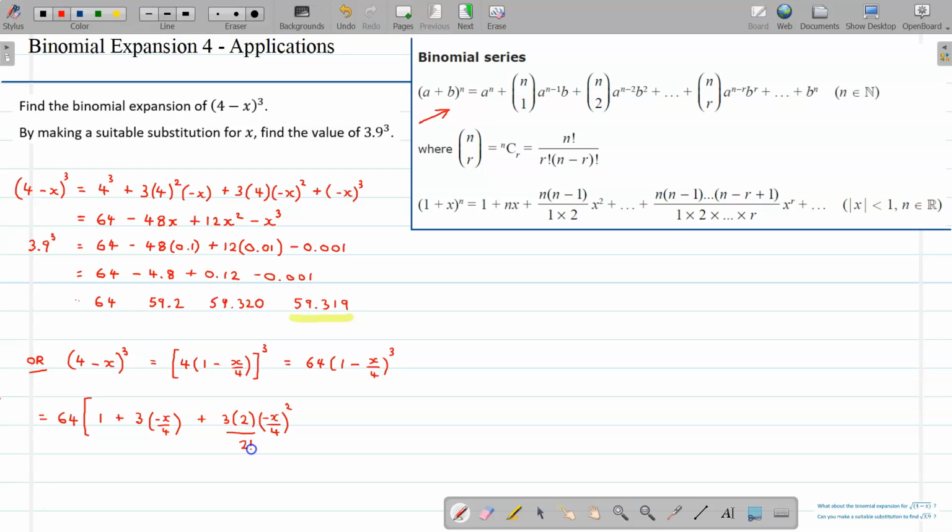And then the next term is going to be 3 times 2 times 1 times negative x over 4, but this time it's cubed, and all of that is over 3 factorial.